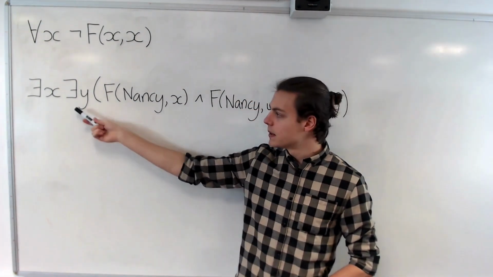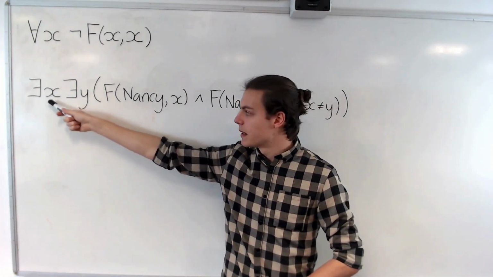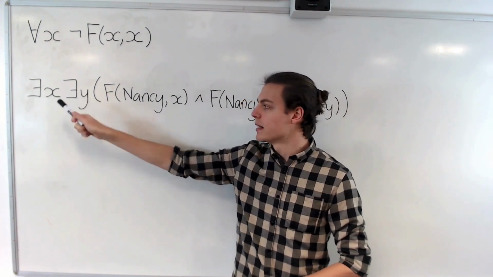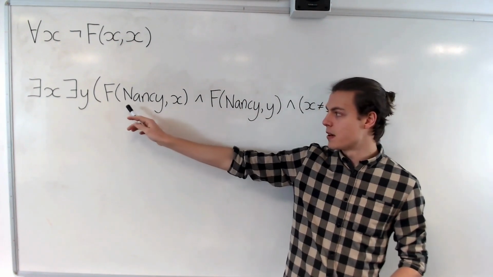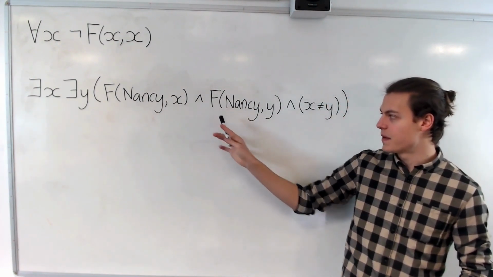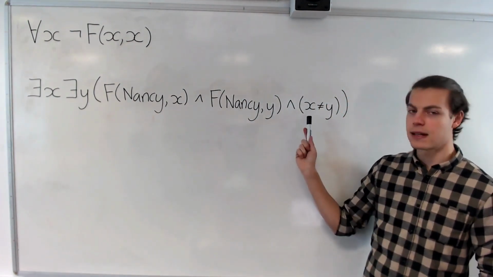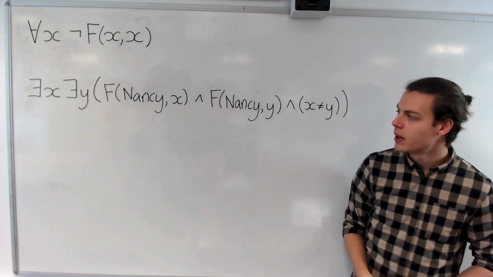Now our second statement is, exists x, exists y, such that f of Nancy x and f of Nancy y and x does not equal y.